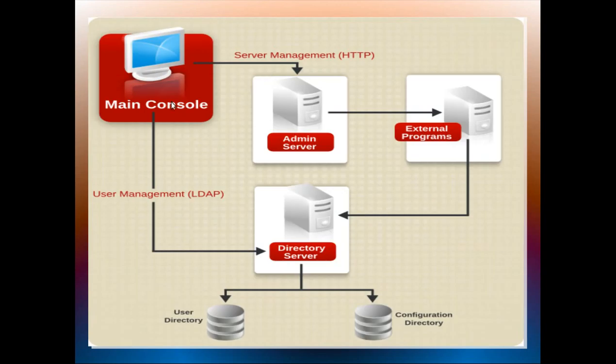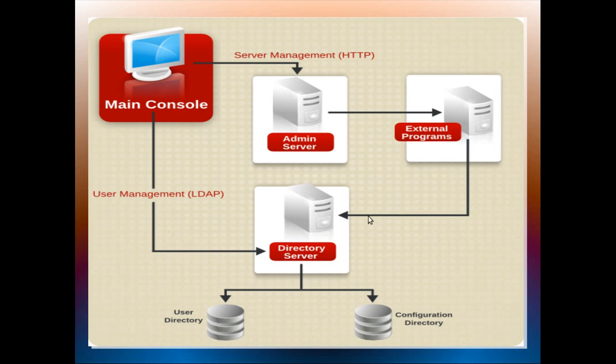Here is the diagram that I fetched from Red Hat's documentation. This is your 389 IDM console or directory server console, which provides a user interface that you can use to manage the directory server and admin server.